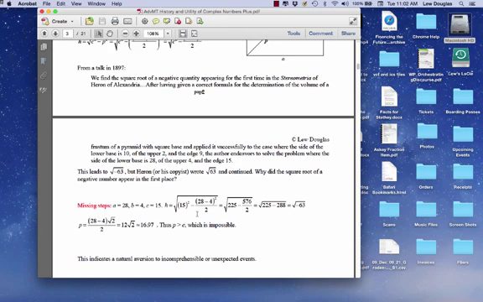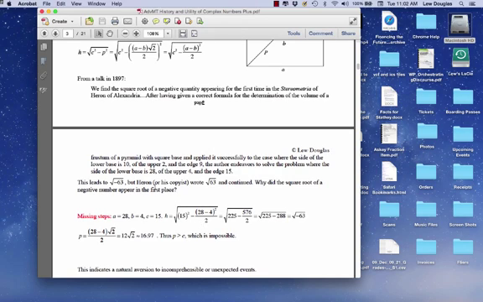And the missing steps, if you follow this through, show that the square root of a negative number appeared because this is an impossible situation. You can't have a frustum with those measurements. And this shows why. So that also I want you to go through a little more closely for homework.